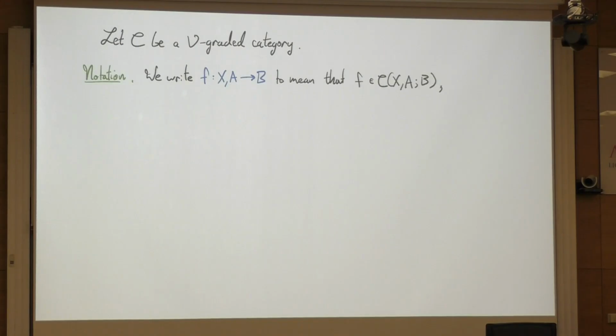Okay, so let's unpack this a bit more. I won't cover the fully element-wise unpacked definition, but instead I'll introduce some notation that we'll work with throughout the talk, and it'll become quite evident what the unpacked formulation of V-graded categories is. So let's see a V-graded category, and then we'll use the following notation.